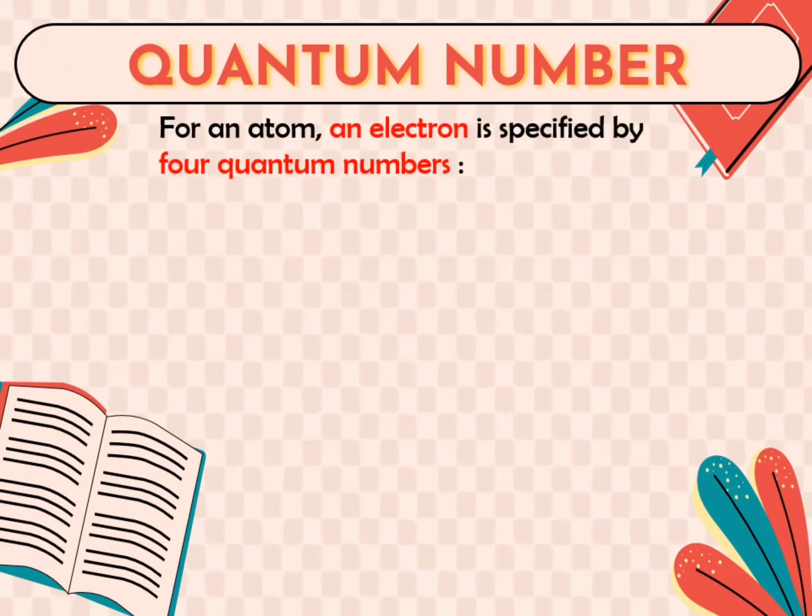Okay guys, so these are the 4 quantum numbers that you need to learn. For an atom, the electron is specified by 4 quantum numbers, as I said just now.